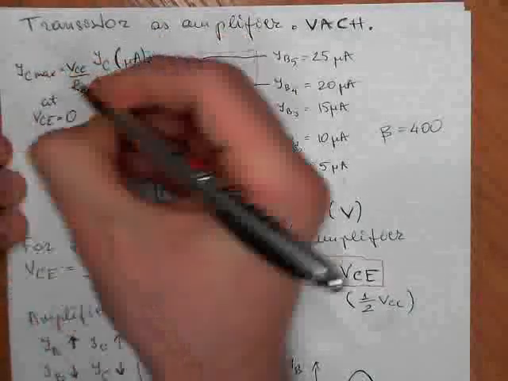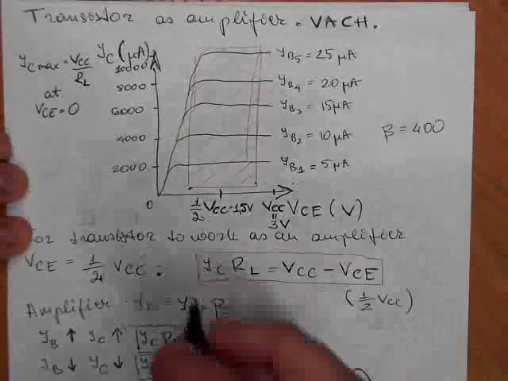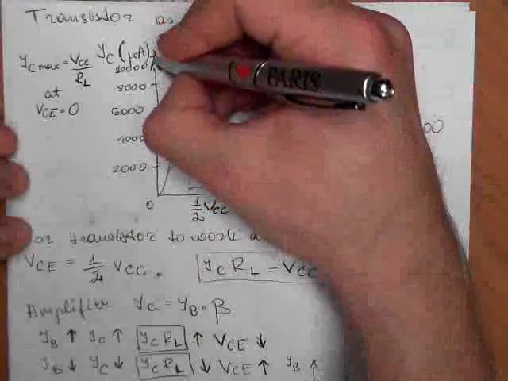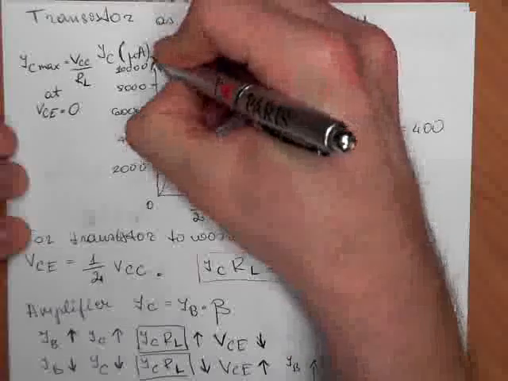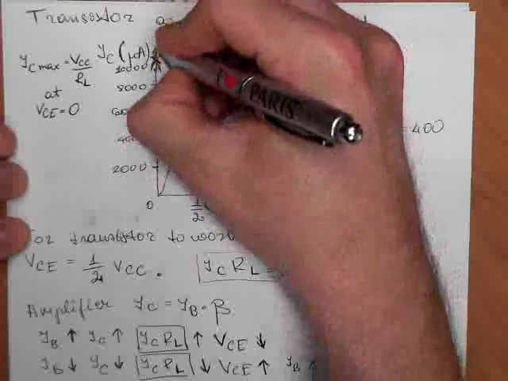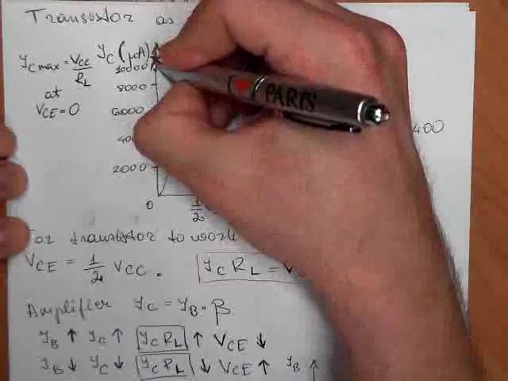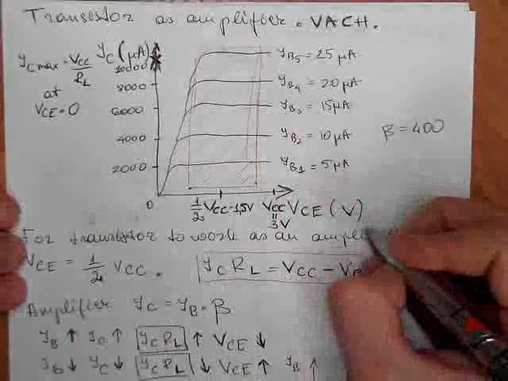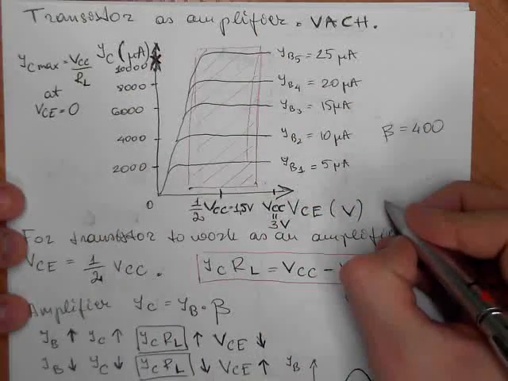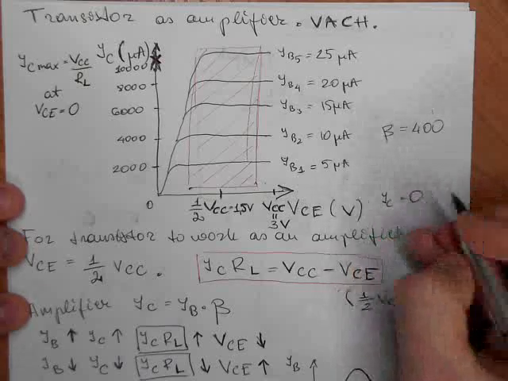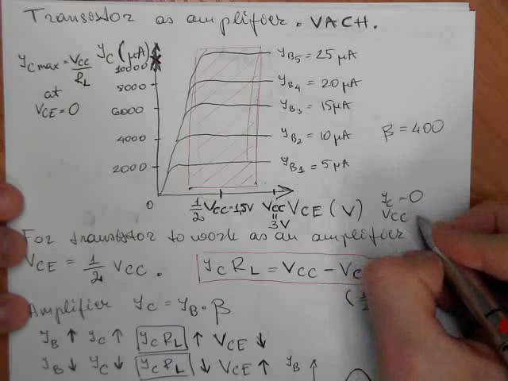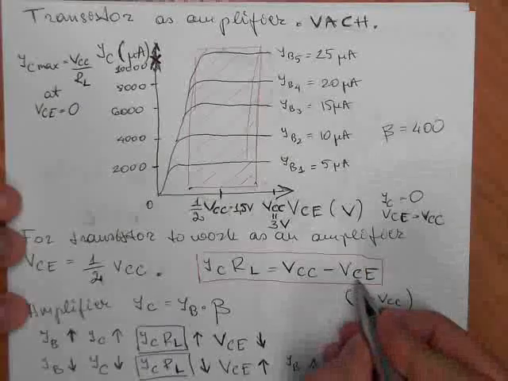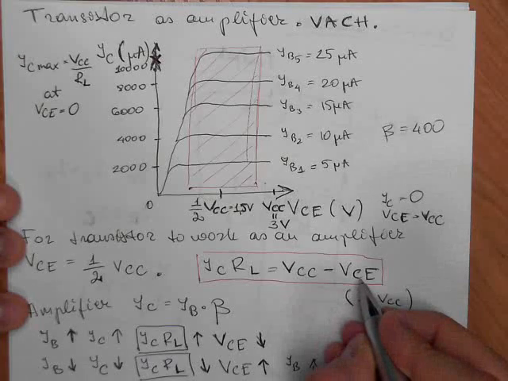So one position is here. We can mark it with X. One position is here at 10,000. Another position is here, at IC equal to 0, at VCE equal to VCC.